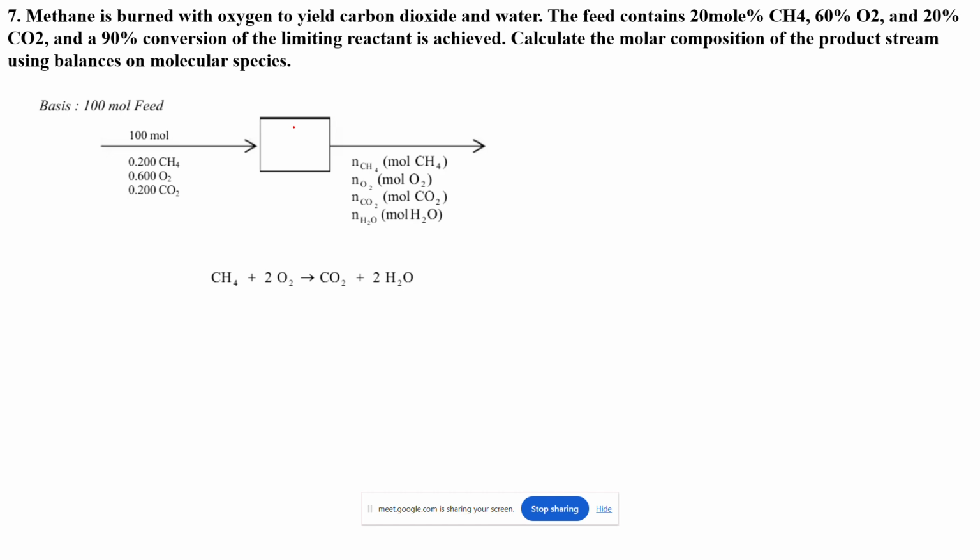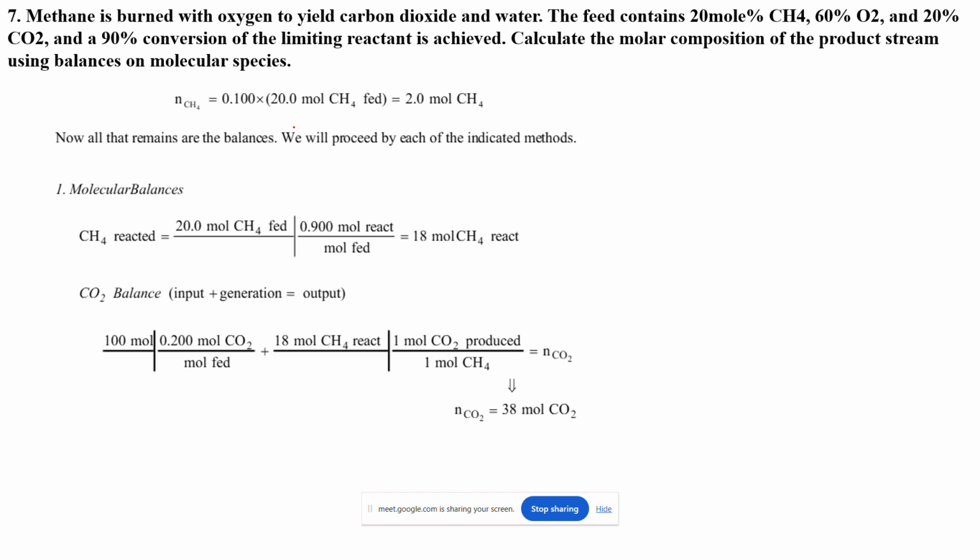So first we will balance the CH4. In the input material, O2 is not going to be converted; it just participates in the reaction, while CO2 will remain as CO2. The only thing that gets converted into other material is CH4, and O2 participates during the reaction for proper combustion.